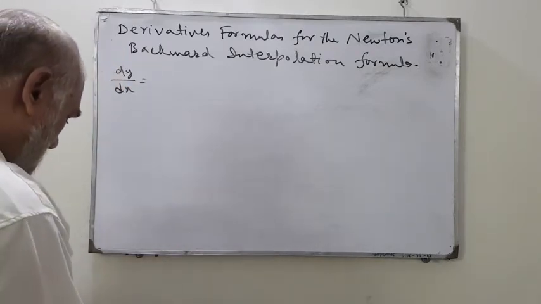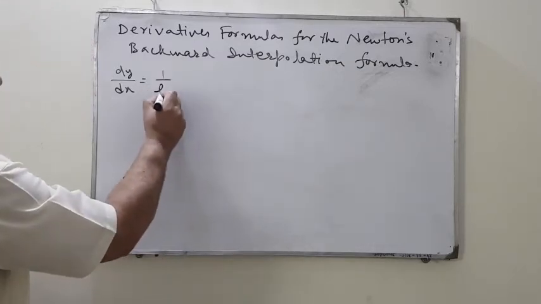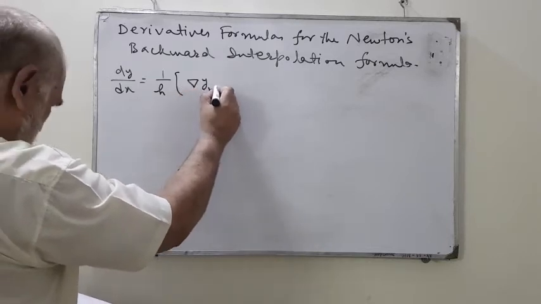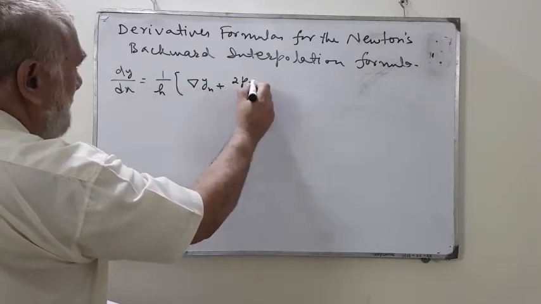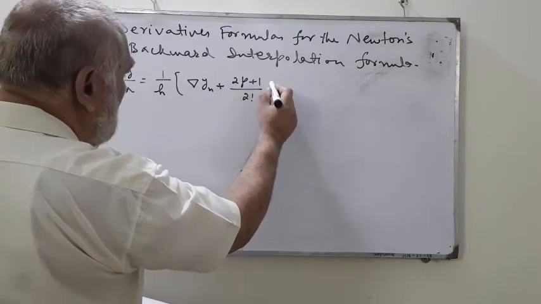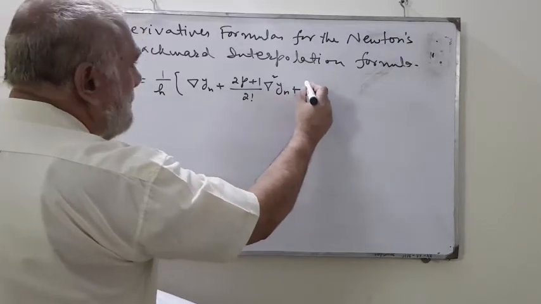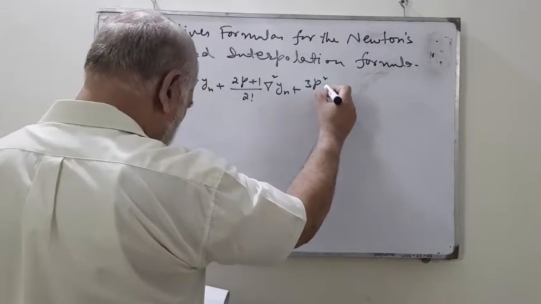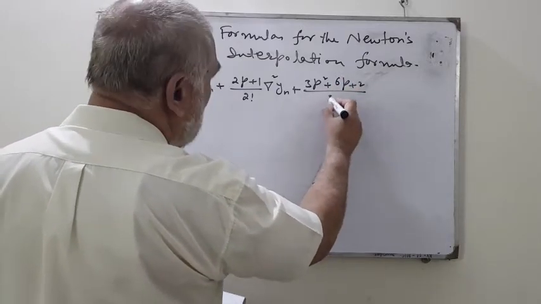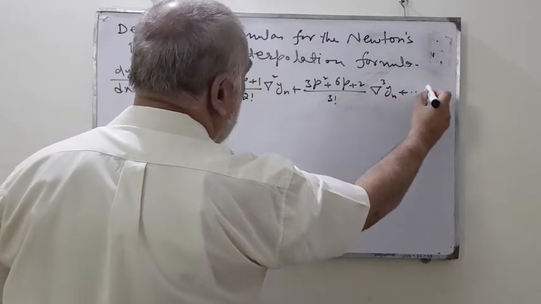So the first formula, whenever we differentiate one time, we get 1 over h times [nabla yn plus (2p+1)/2 factorial nabla 2yn plus (3p square plus 6p plus 2) divided by 3 factorial nabla 3yn and so on].